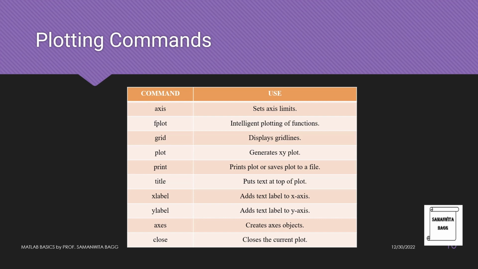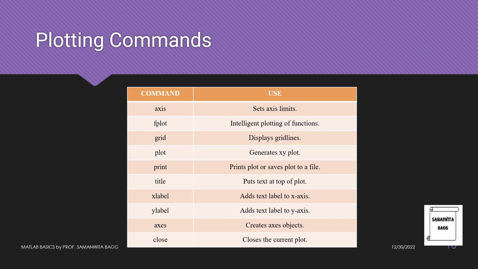Grid will display the grid lines. Plot generates an XY plot. Print will print the plot or save the plot to a file. Title is used for giving a text at the top of the plot. Xlabel gives the x-axis a name. Ylabel will give a name to the y-axis.